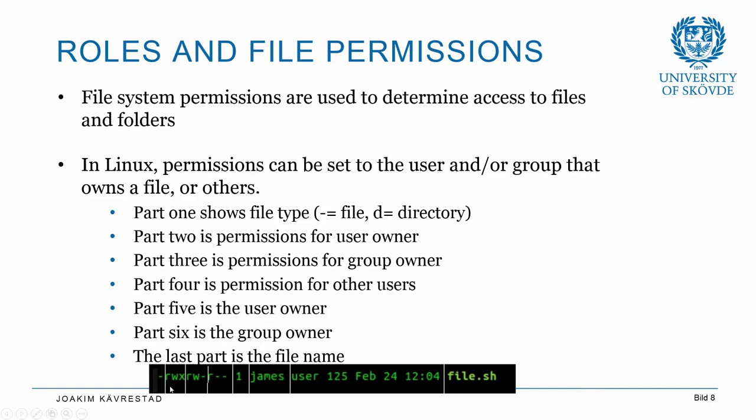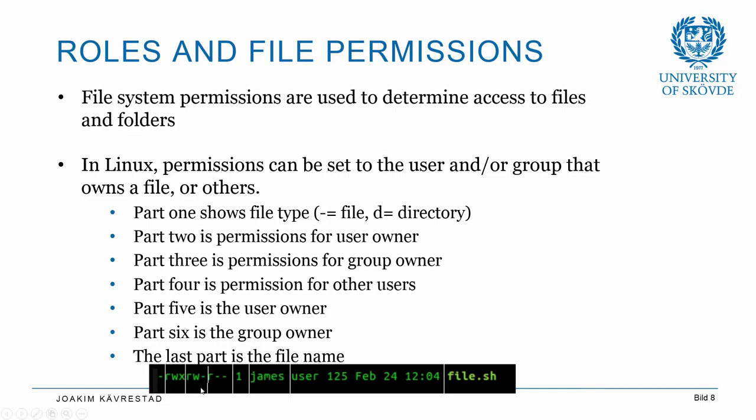Part 2 here is permissions for the user owner, the user that owns this file. And the permission bits that can be set, there are 3 of them, are read, write, and execute. I'll describe them next. So when it looks like this, we have RWX. That means that the user owner of this file has read, write, and execute permissions.